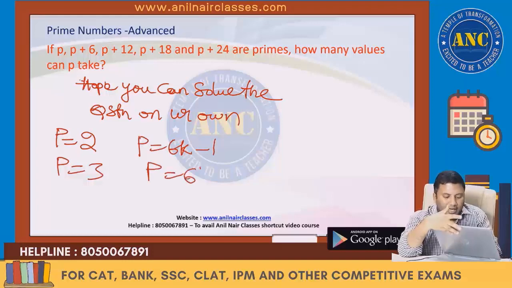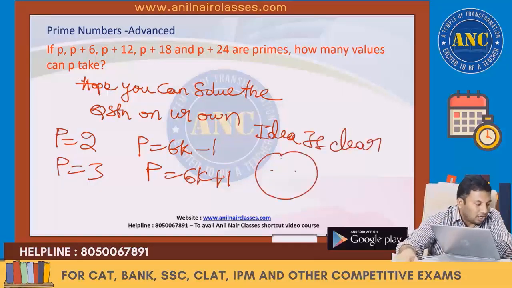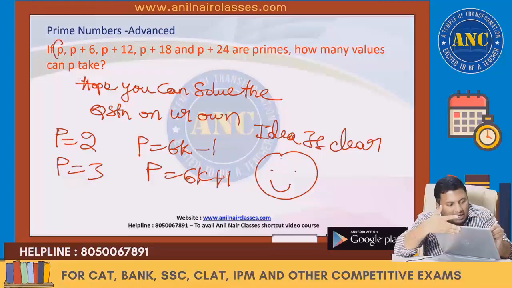I hope the idea is clear. I am sure each one of you can solve this question on your own. Kindly reply if you have the confidence to solve this question, because I told you the approach. Wherever P is a prime number, what is the concept?